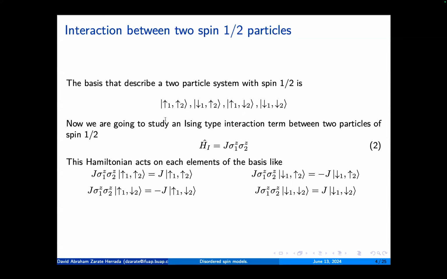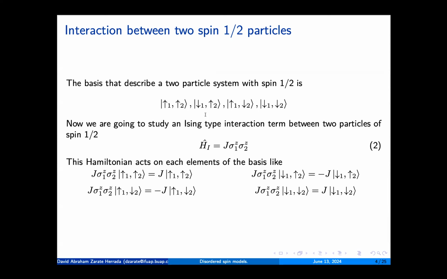Now we are going to study an Ising type interaction term, and this term looks like this. This interaction term acts on these elements like this.